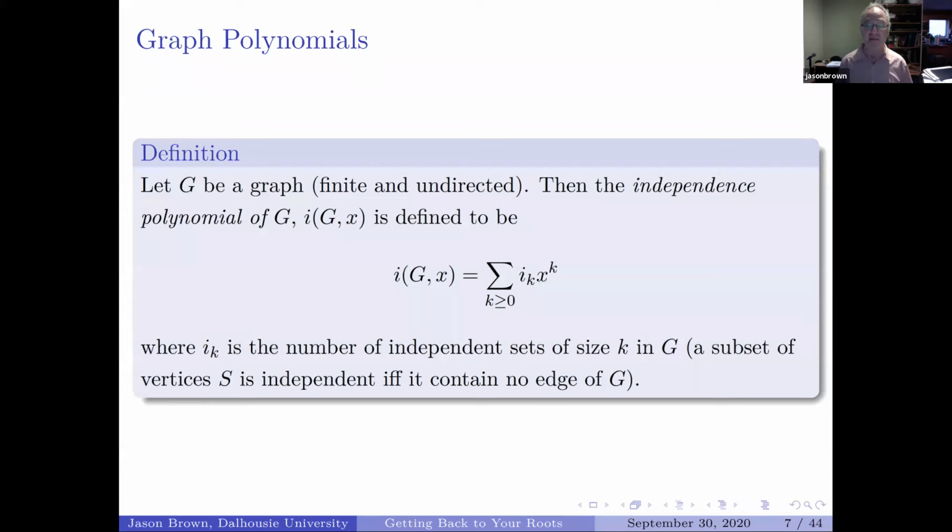And there are lots of deep problems and deep areas that relate to independence. There's an area called well-covered graphs, which we'll come back to in a while, that looks at graphs where all the maximal independent sets have the same size. And that is a very well-studied area.